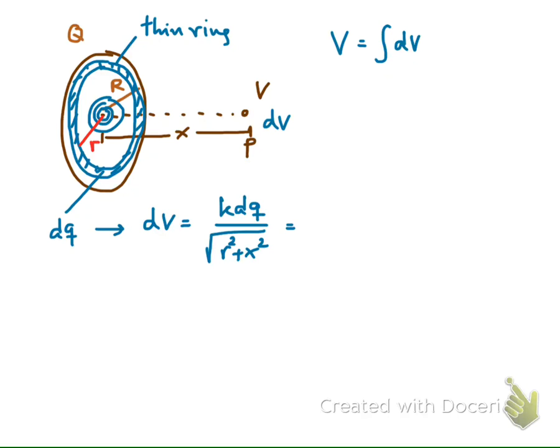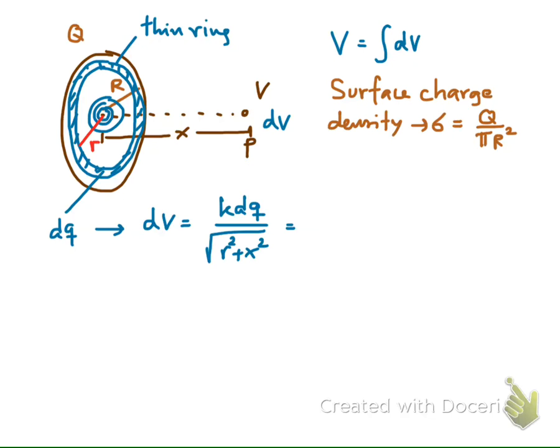If we write down the surface charge density on this disk, sigma is equal to Q over pi r square, where r is the radius of the disk, so pi r square is the area of the disk, and Q is the total charge on the disk.